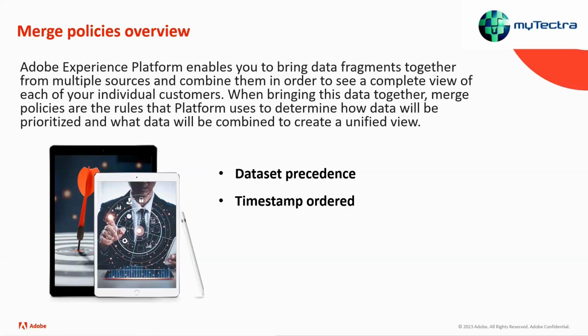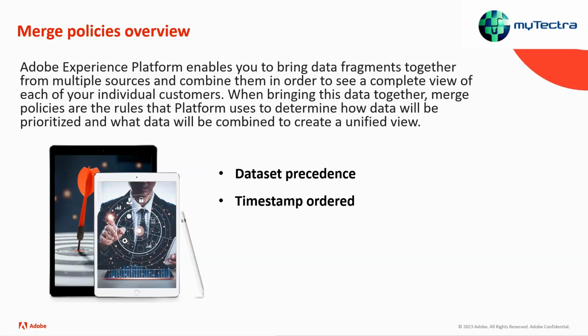Or if you want to change the default one and prioritize things, like giving data set priorities, you are able to do it. So that's how, before stitching with other data set profiles, it will first take care of these merge policy rules. But by default it is timestamp ordered, in the sense that whichever is the most updated one, it will take it. The rest of the things, it will clear out from the data.